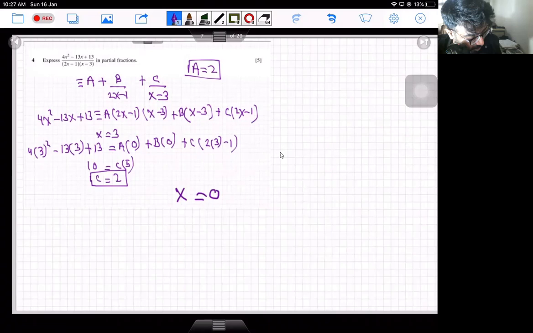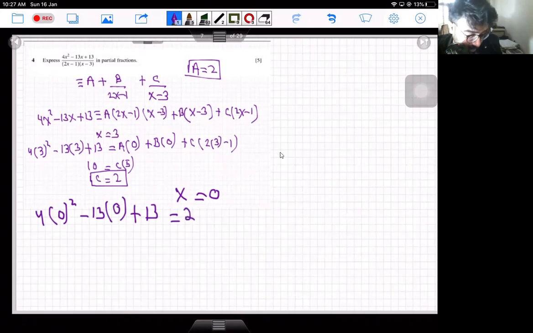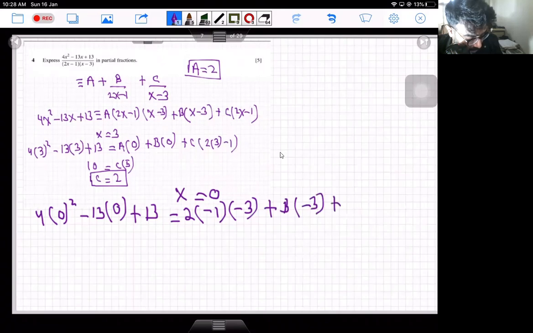So x is equal to 0. So 4 times 0 square minus 13 times 0 plus 13 is equal to a multiplied by, since a is 2, 2 multiplied by minus 1 multiplied by minus 3, plus b multiplied by minus 3, and then c is actually 2, so 2 multiplied by minus 1.